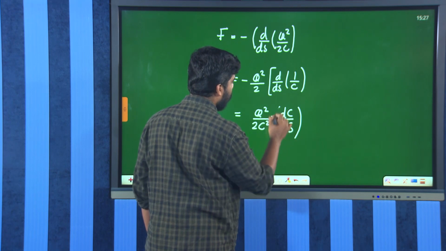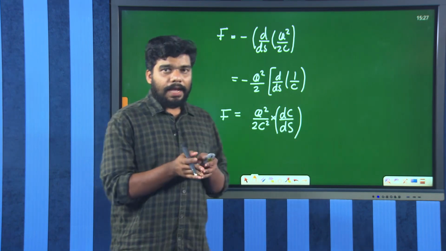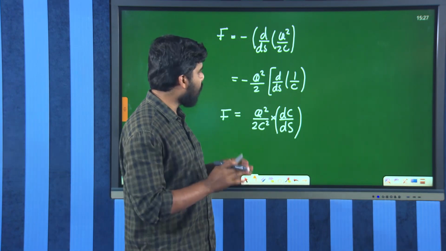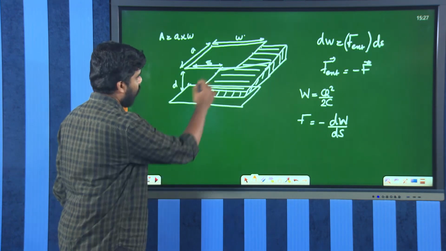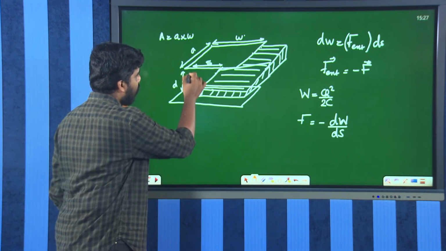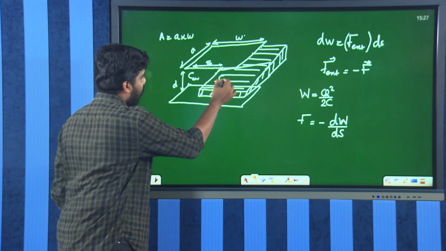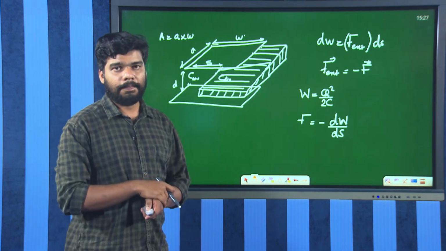So, what is this dC/ds is the next question. Since the slab is partially filled inside this parallel plate capacitor as per the figure, this is actually a capacitor filled with air and a capacitor filled with a dielectric connected in parallel.